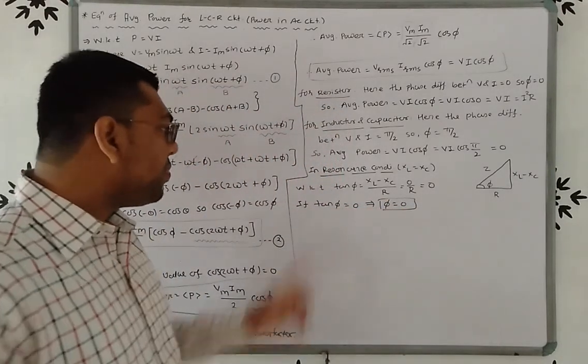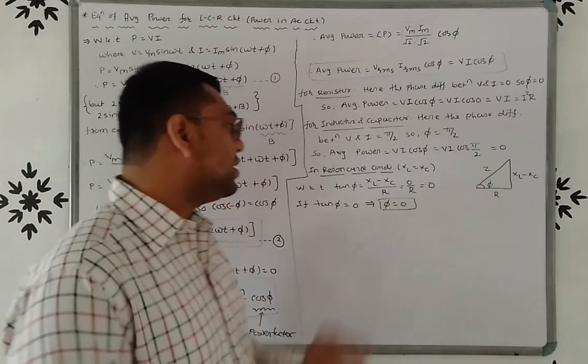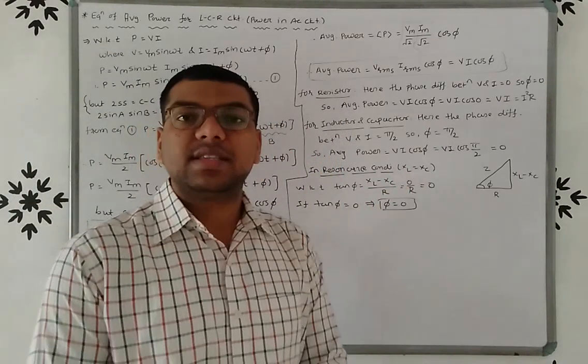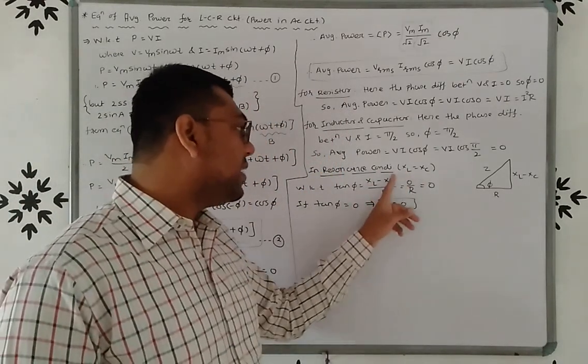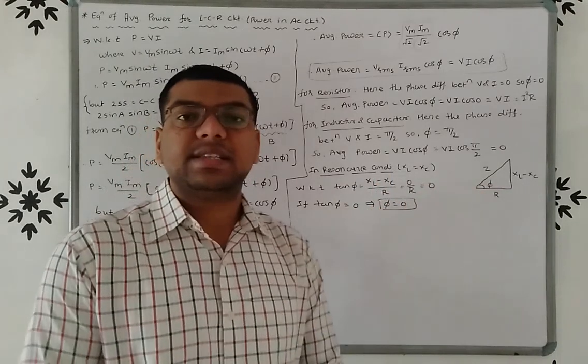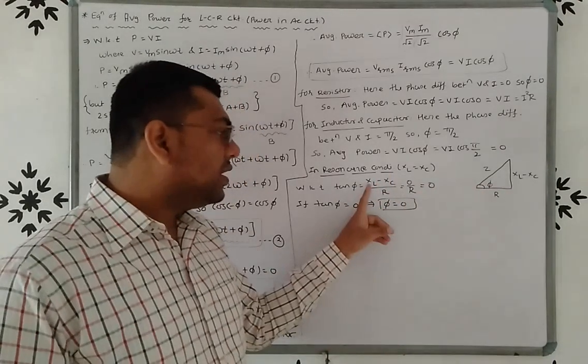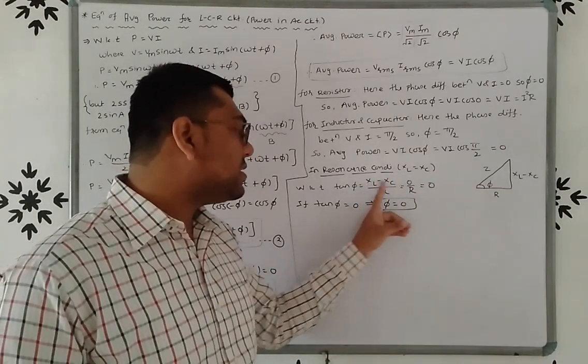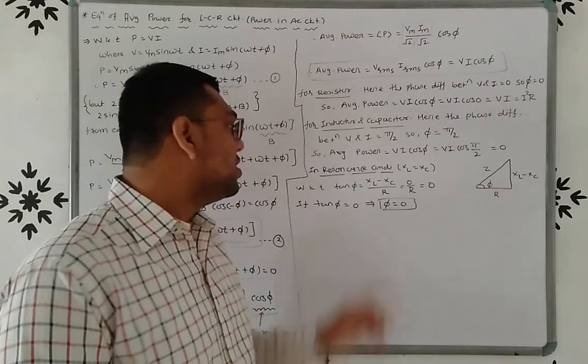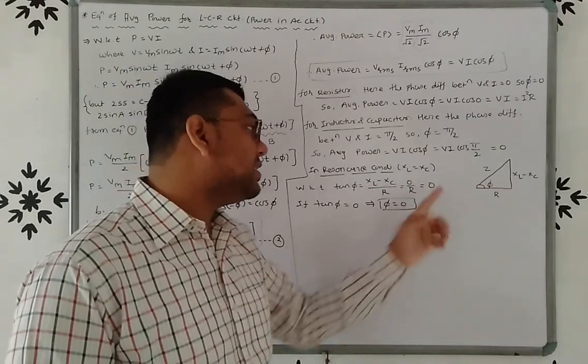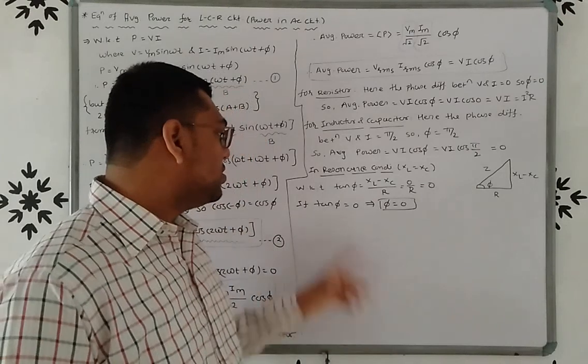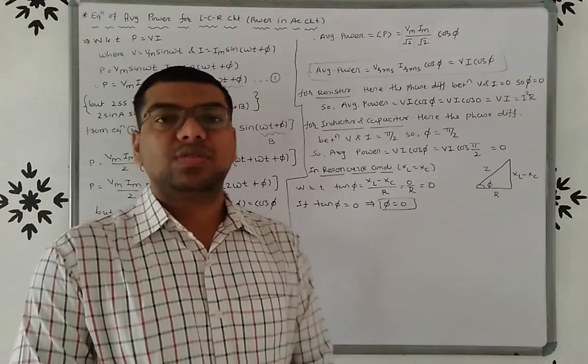So in resonance condition, XL is equal to XC. So tan phi is XL minus XC upon R, we already discussed this concept. Here XL minus XC is equal to 0, so tan phi is 0 by R, which is equal to 0. So phi is equal to 0.